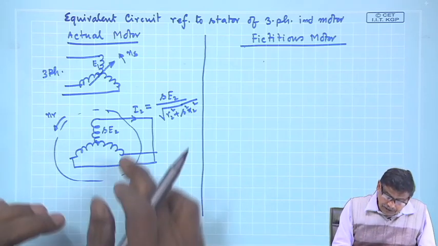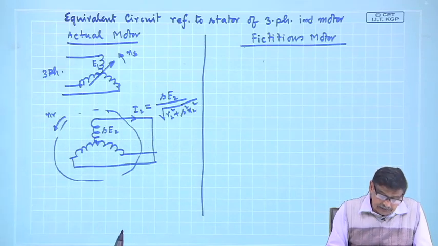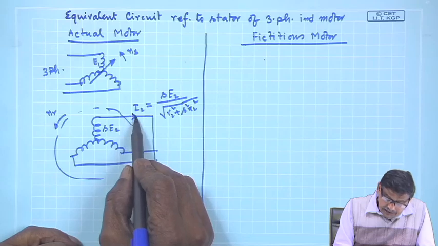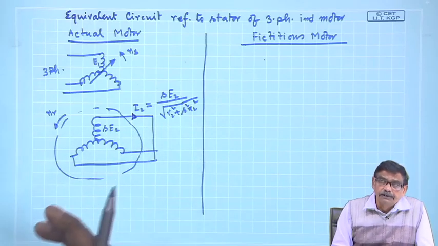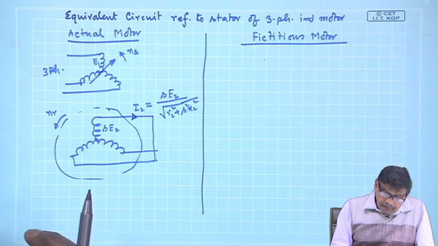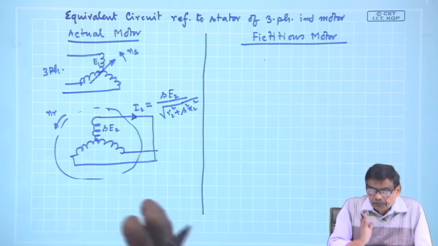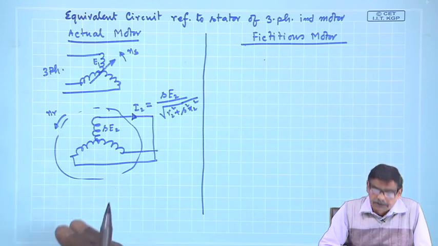Now, when this current flows, you are sitting on the stator. What you will observe is that it is carrying a current I2, therefore the rotor produces a rotating field. Where it will be positioned? Last time I told you the position of the rotor field depends on the power factor angle of the circuit.